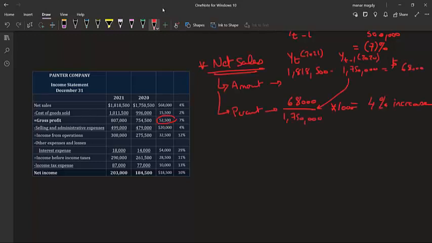The thing that I want you to take into consideration is that in order to check that you are moving in the right direction or not, the amount of change, for example at gross profit, since it is a total, it should be the same.